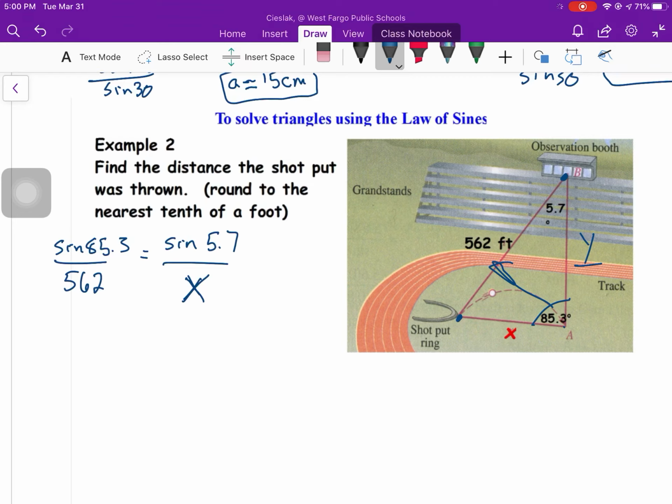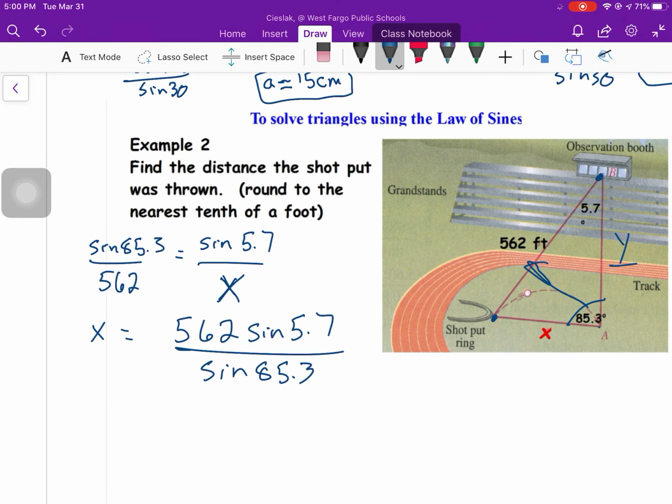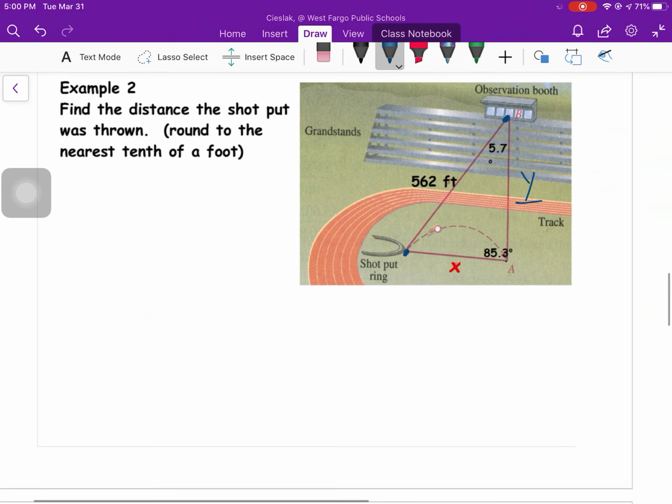The goal is to get x by itself. So I'm going to skip this step, and this is going to be x is equal to, this is just coming from cross multiplying, guys, 562 sine 5.7, all divided by sine 85.3. Okay, if you type that in, what do we want, to the nearest tenth of a foot? That one should come out as approximately 56.0 feet.